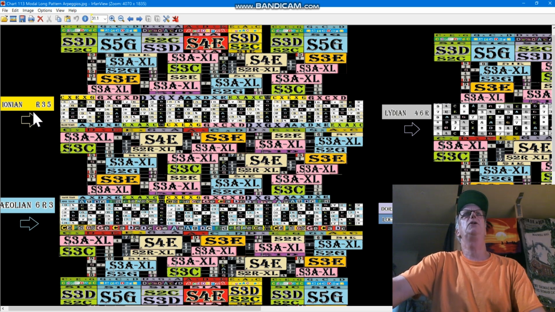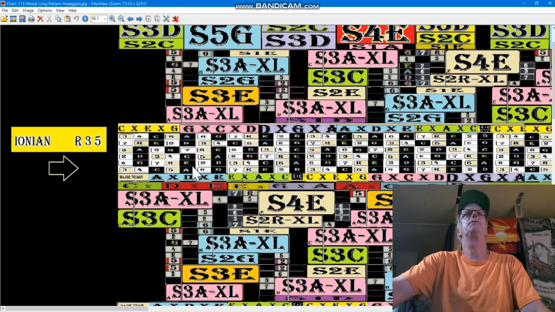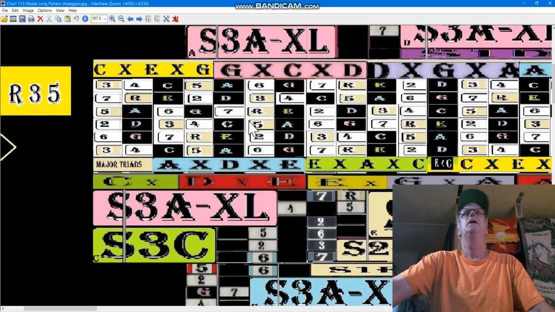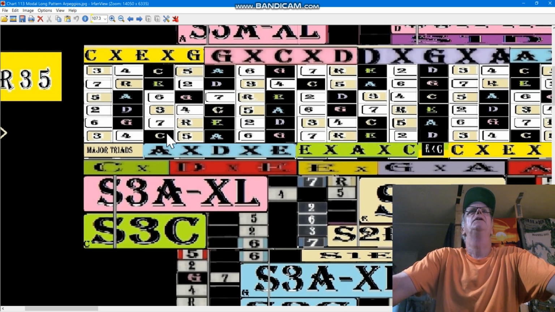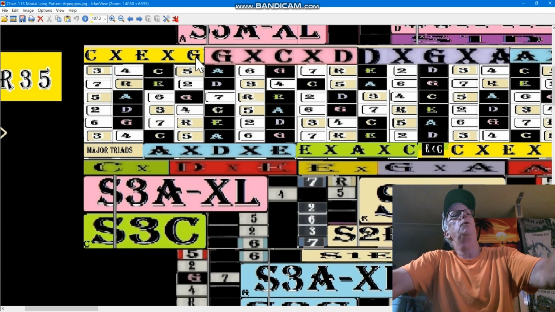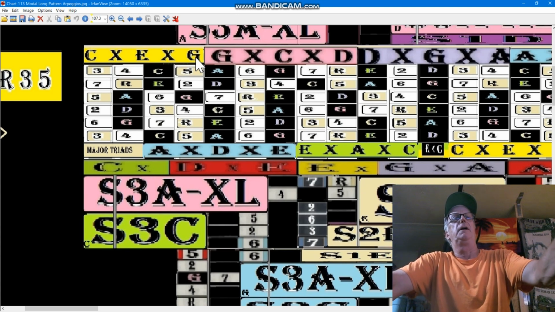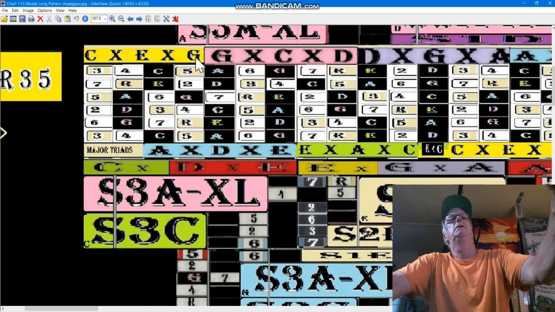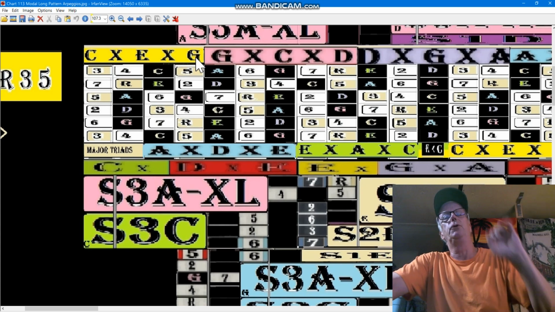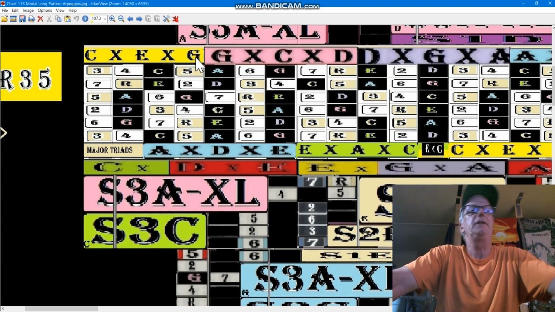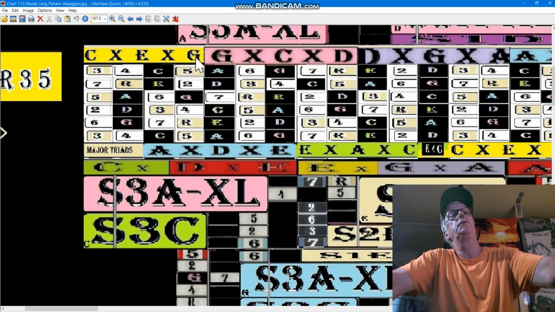Okay, now let's look at the Ionian root 3/5. This is the new stuff here. Ionian root 3/5. So in the C box, this is the tri-pentatonic: this is the C, this is the F, and this is the G. The F is 4, 6, root in the numbers of the root key.